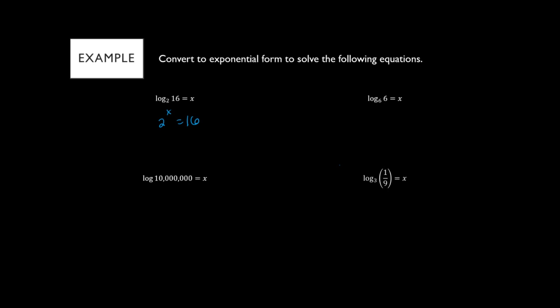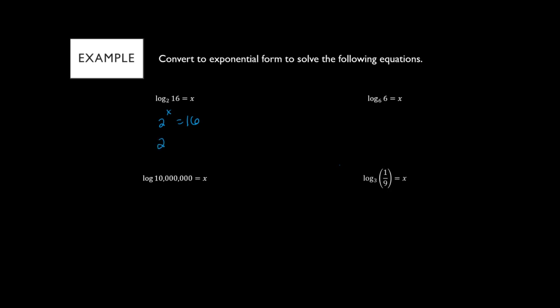So we're saying 2 to what power? What is the exponent on 2 that will give us 16? You probably don't know your powers of 2. Some people are really good with their powers of 2. But 2 to the 4th power is equal to 16. I know this because 4 squared is 16, and 4 is 2 squared. So 2 times 2, that means the exponent would be 4.